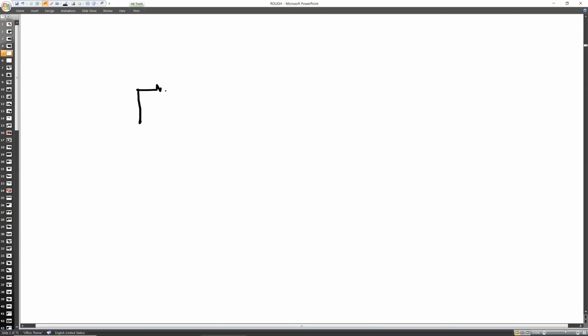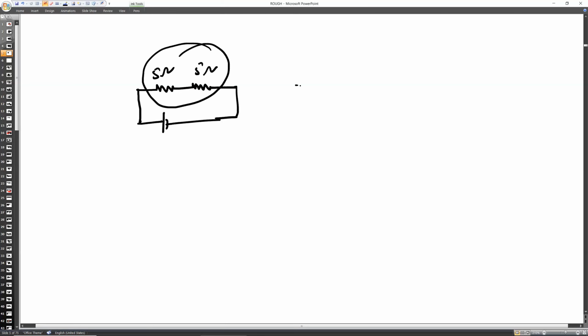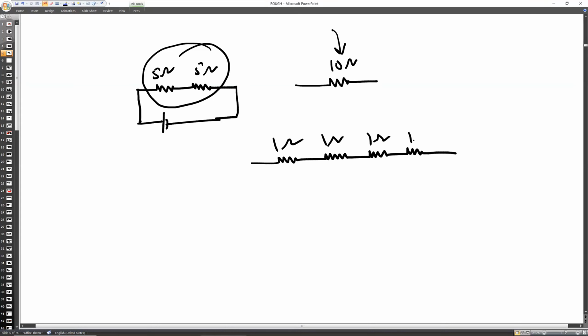For example, if I have two 5 ohm resistors connected in series, just assume that there is a single resistor of 10 ohm, and whatever value you get in this 10 ohm, it will be the same if you have 10 resistors.